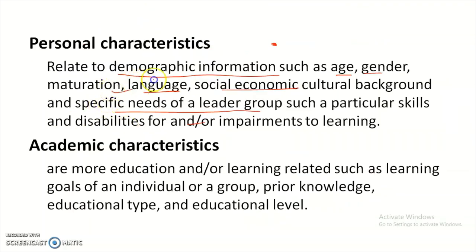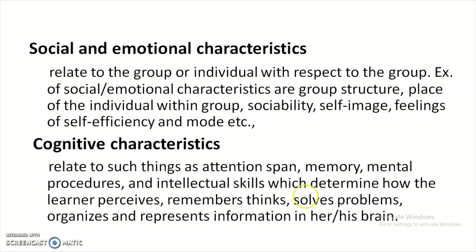So we saw the personal characteristics and academic characteristics: individual or group, prior knowledge and educational type. Educational type means whatever syllabus is set by the board, and educational levels also. And coming to the social and economic characteristics: group structures and the place of the individual within the group. That means where the person is located within the group.